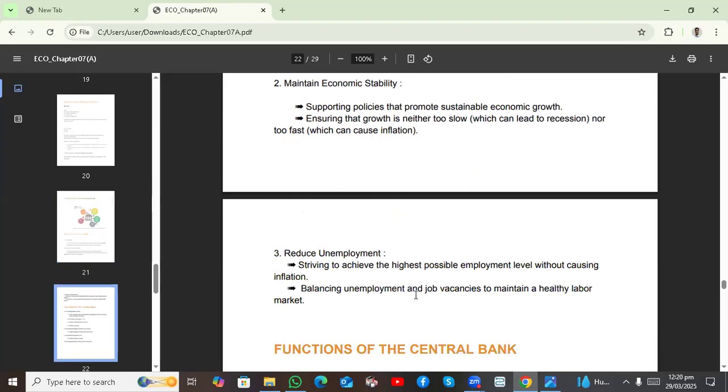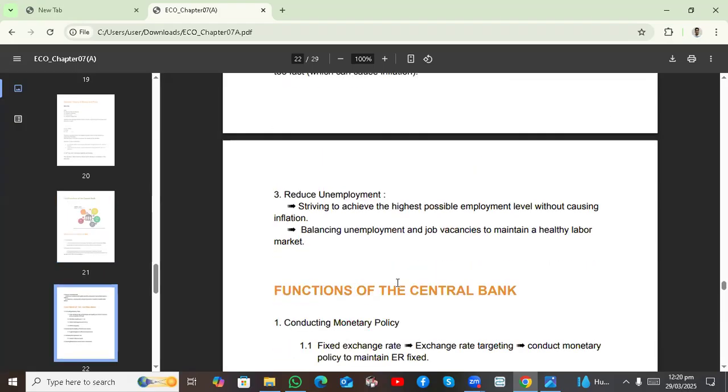Reducing unemployment means striving to achieve the highest possible employment level without causing inflation, balancing unemployment and job vacancies to maintain a healthy labor market.